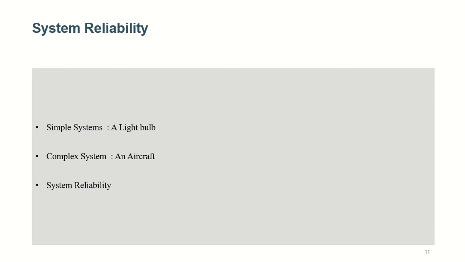Okay. So consisting of these elements you can form a system, and that system can be classified into two types: first, the simpler systems, and another one, a complex system. So what is a simple system? A simple system, you can say, is an electric light bulb or lamp, right?